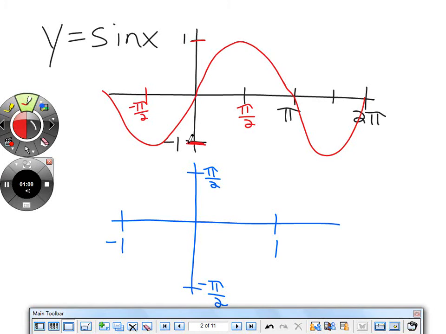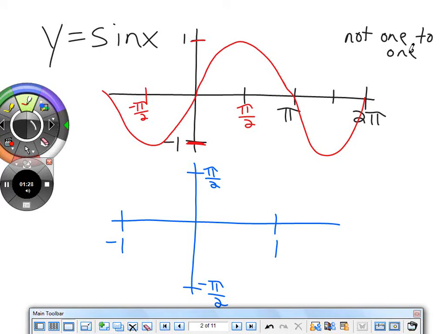Now, if you look at this function and you say, okay, I want the inverse of that, you wouldn't be able to do it, because that function right now is not 1-to-1. We keep repeating the y values, and it would not pass the horizontal line test. But if we restrict the domain, then we can make it 1-to-1.